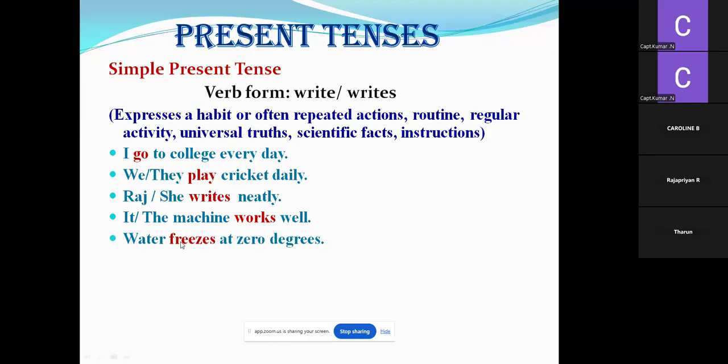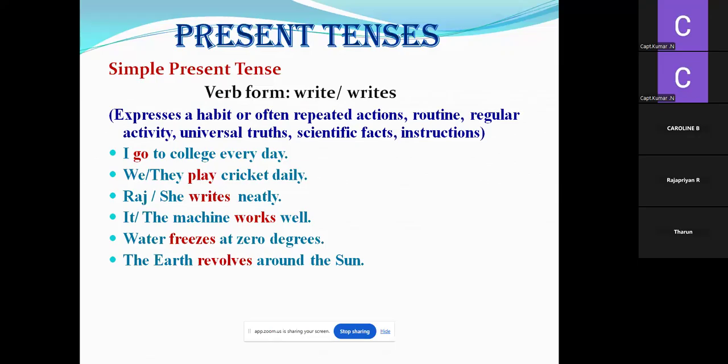In this example, water freezes at 0 degrees. Water is an uncountable noun. All the uncountable nouns are treated like singulars. So that's why here we are using the s form verb, freezes. The next example, the earth revolves around the sun.